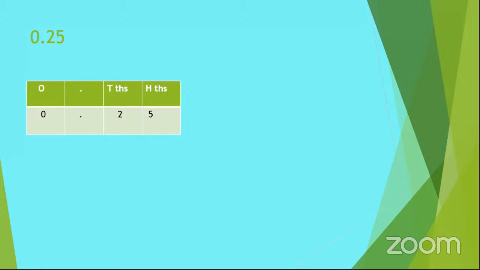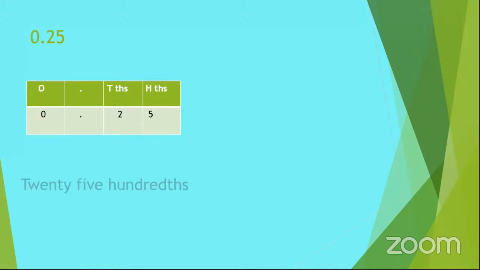Then we move to after the decimal point. What do we have? We have 2, 5. So we read the digits together. We read them as 25. But we have to put the name of the place where the last digit is, and the name of that place is hundredths. So we write 25 hundredths. We write hundredths because it's the last place value of our number.